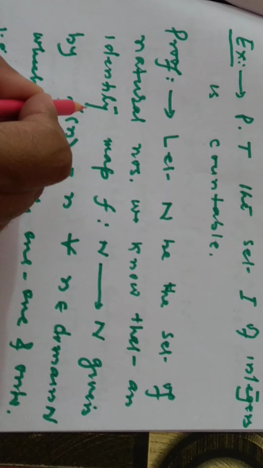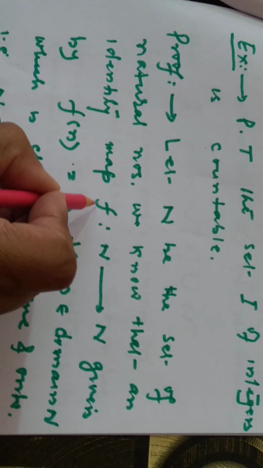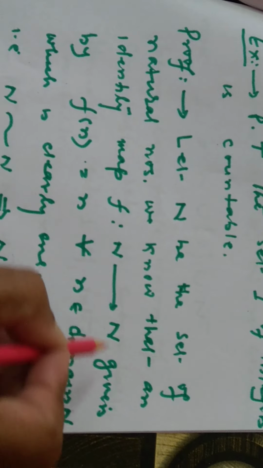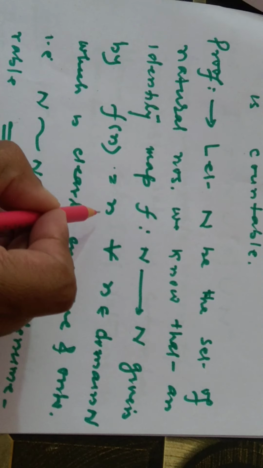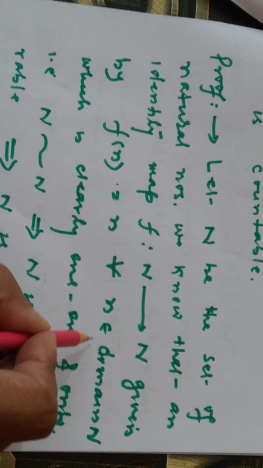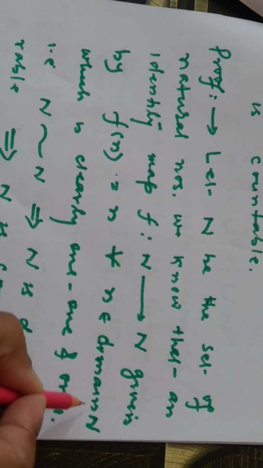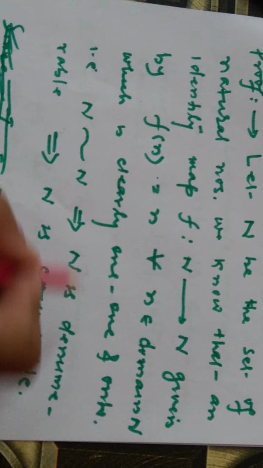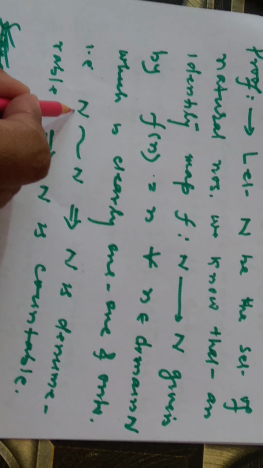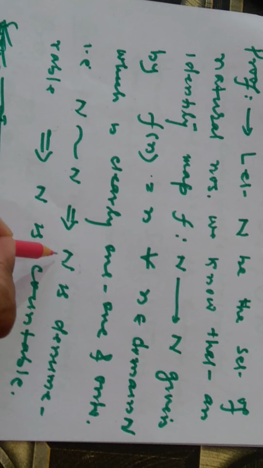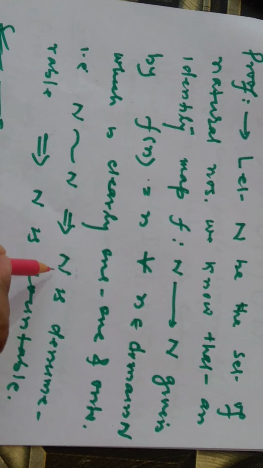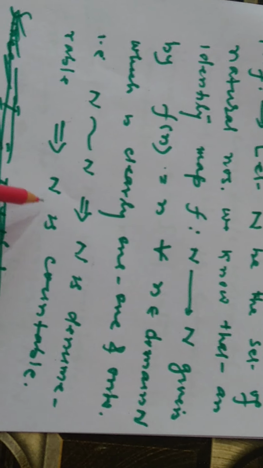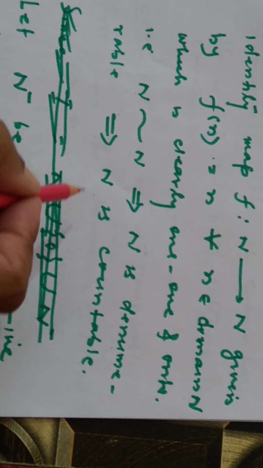We know that an identity mapping F from N to N given by F(n) is equal to n for all n belongs to the domain N, which is clearly 1-1 and onto, that is N is equivalent to N. This implies by definition N is denumerable, and this implies N is countable.